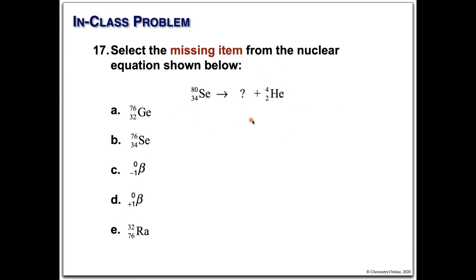We're going to lose 2 protons in the alpha particle. So in the product, the atomic number is 32. We'll also lose 4 total mass units here, 2 protons and 2 neutrons. That means that the mass number must decrease by 4 units.